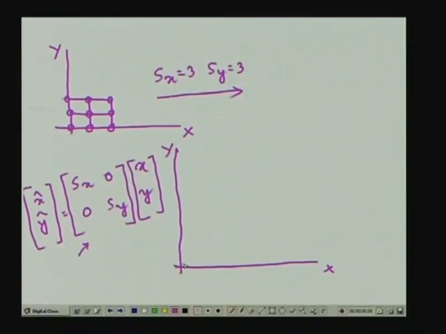If I simply apply this scaling transformation, then obviously this 0 0 point will lie at location 0 0 in the transformed image. But what will happen to the other image points?